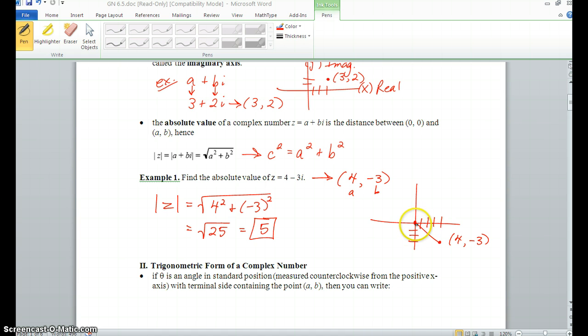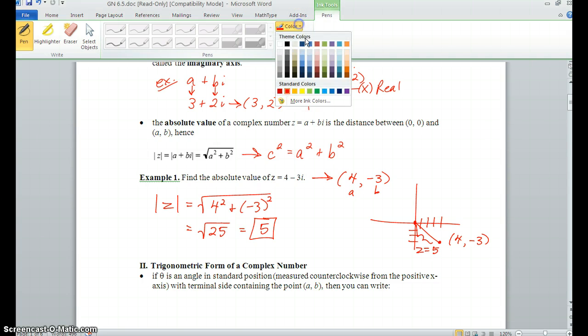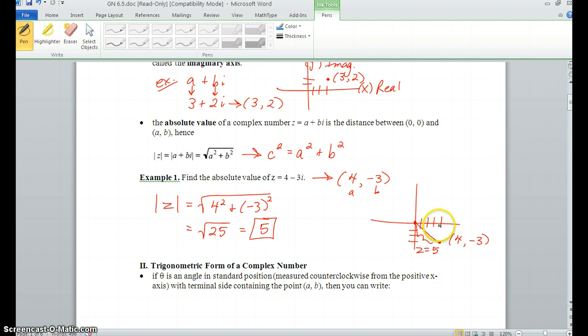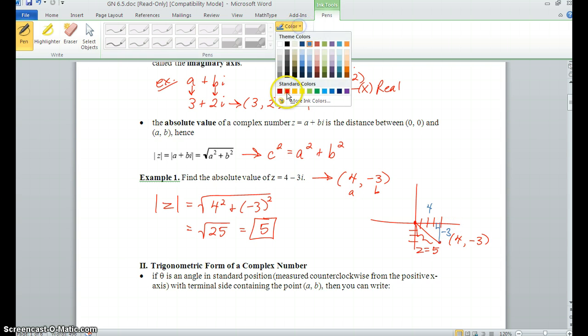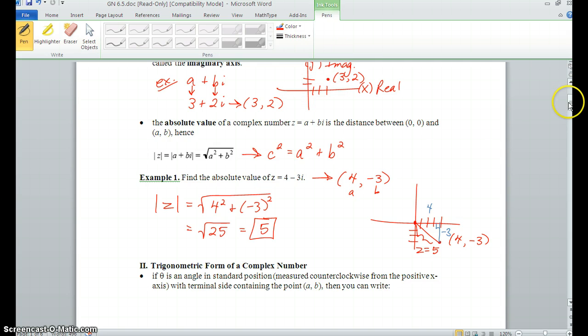We can identify z in particular now as 5. And we can actually create, as we're more than well aware, a right triangle from this. So all of our trig principles can apply now. Looking at our right triangle in the fourth quadrant, hypotenuse 5, which again is formulated from our two legs of length 4 and really negative 3, being careful that we're going down in the fourth quadrant.